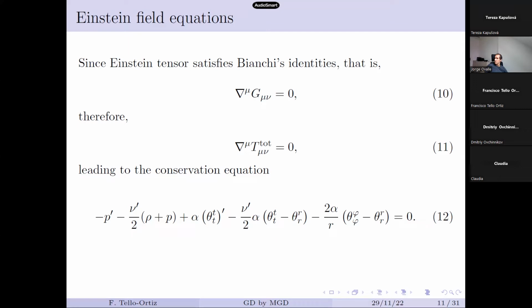At the beginning, you start with 4 unknown functions, and now you have 7, okay? The problem is more involved. But now, at the level of the field equations, at the level of the conservation equation, as you can see, this term represents the usual hydrostatic or conservation equation associated to the perfect fluid matter distribution.